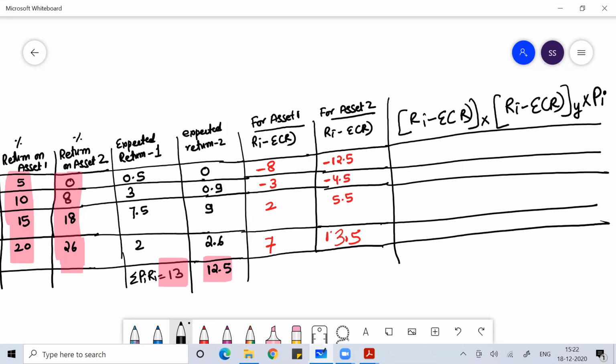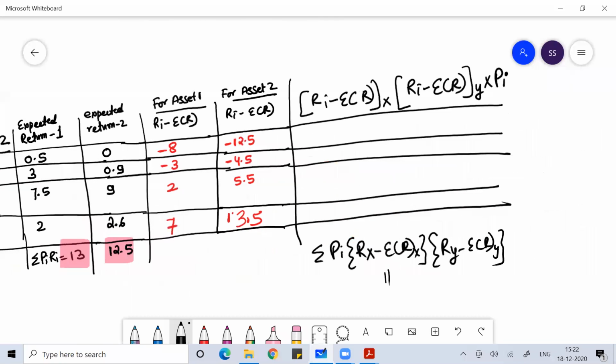Because the sum of Pi into (Rx minus ERx) into (Ry minus ERy) will give us the covariance. So we'll do this.